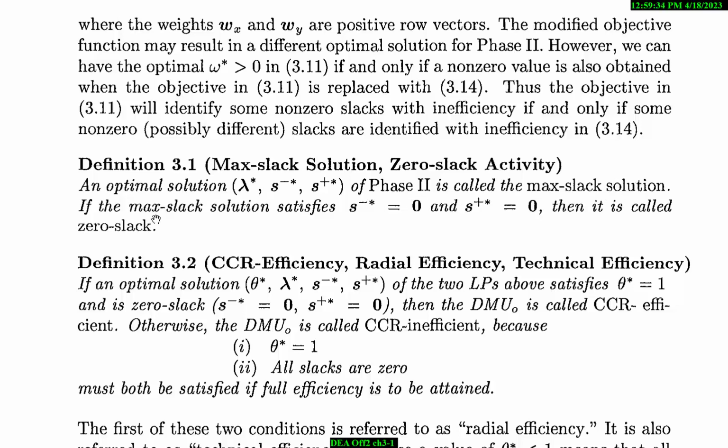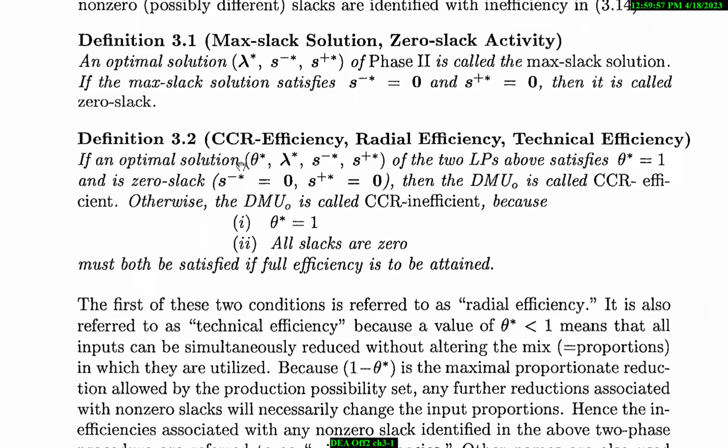If the max slack solution satisfies the optimal values S minus star equal to 0 and S plus star equal to 0, then it is called zero slack. And this is the definition of CCR efficiency.